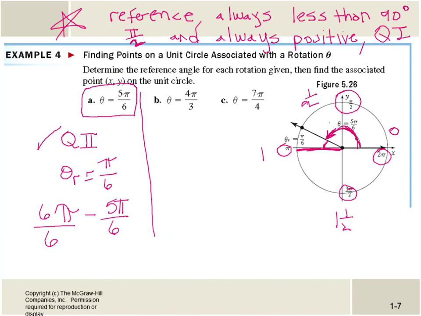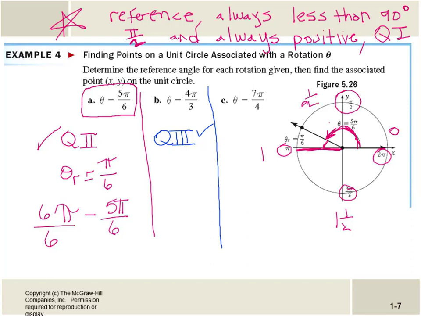All right, so B, 4 pi over 3. What quadrant is it in? It's in quadrant 3. Very good. Because it's more than 1 and less than 1.5. Right? Perfect. So now, remember, pi over 6 is the smaller angle.